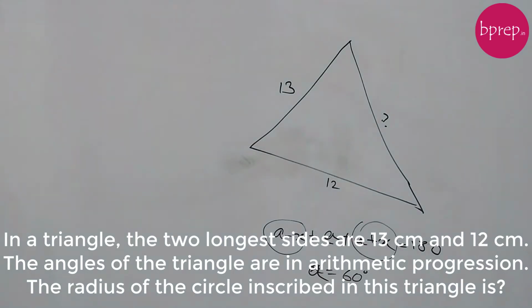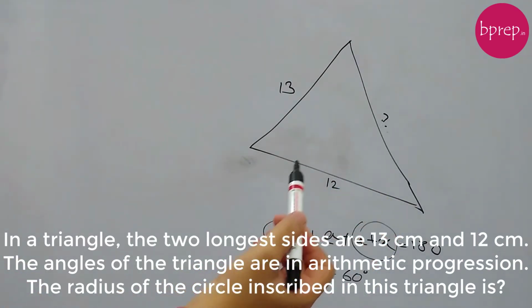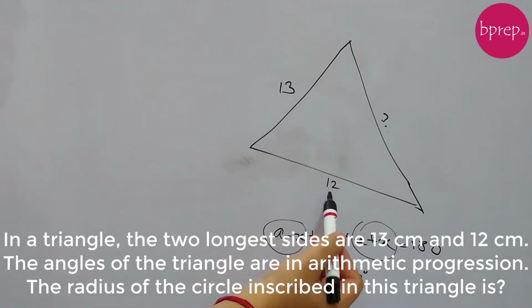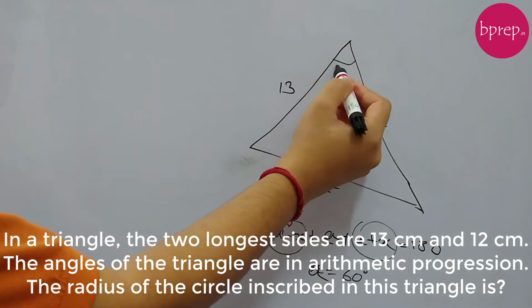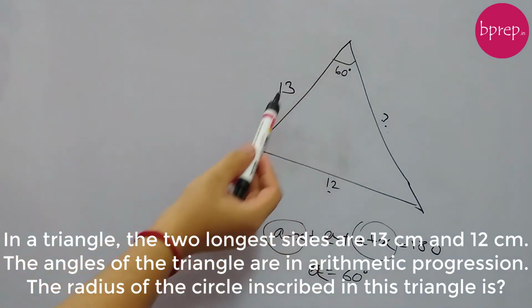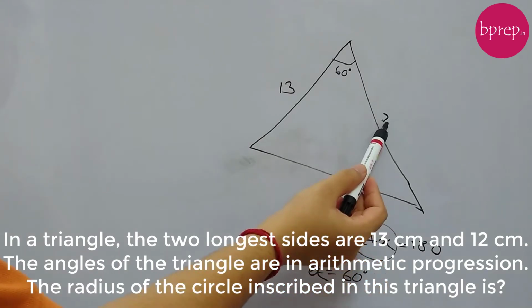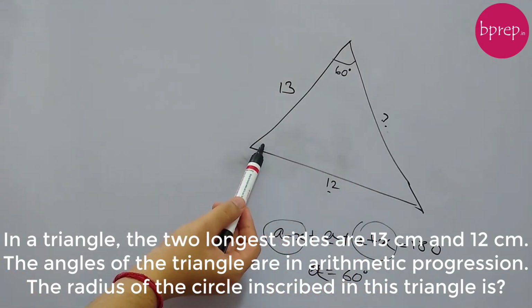These two are the longest sides, so this should be the shortest side. The middle-sized side is this 12, so 60 degrees must be this angle, because this side is longest so this angle will be highest, and this side is shortest so this angle would be the minimum one.